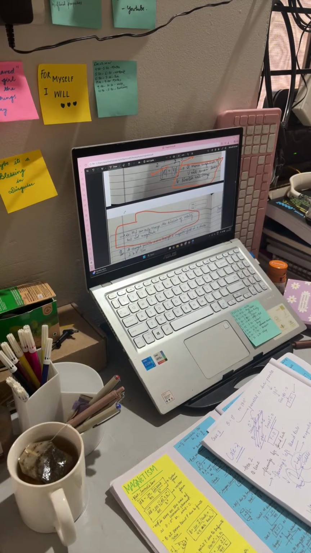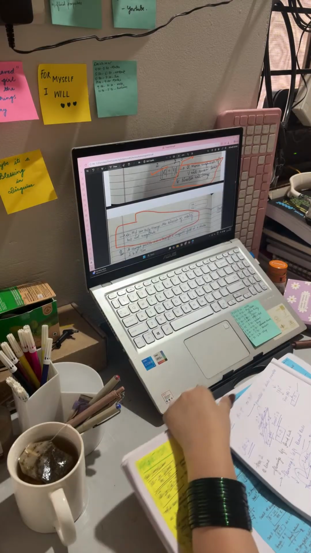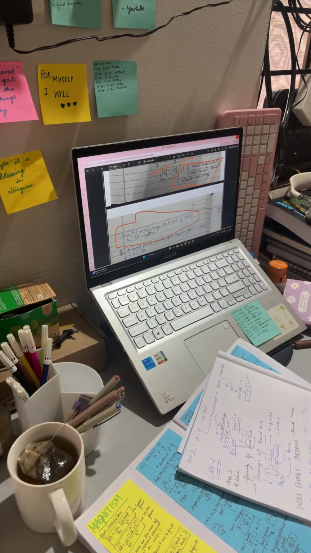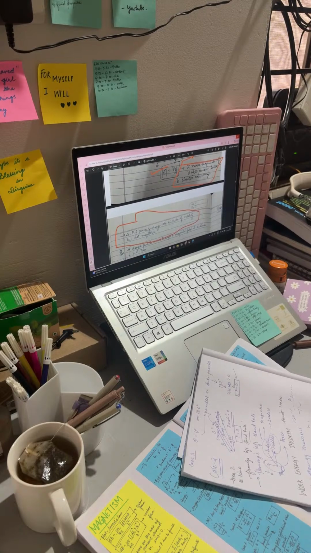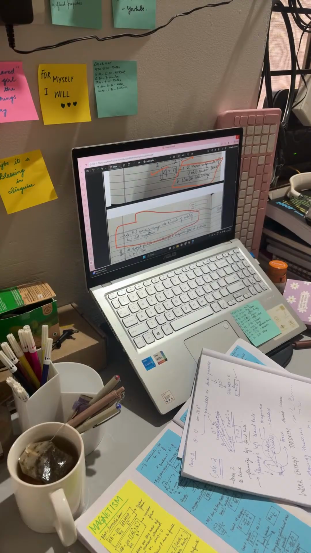Next, let me write it down because I am also revising it with you guys. Because of the work-energy theorem, work done is equal to zero, so change in kinetic energy is zero. So V initial is equal to V final.